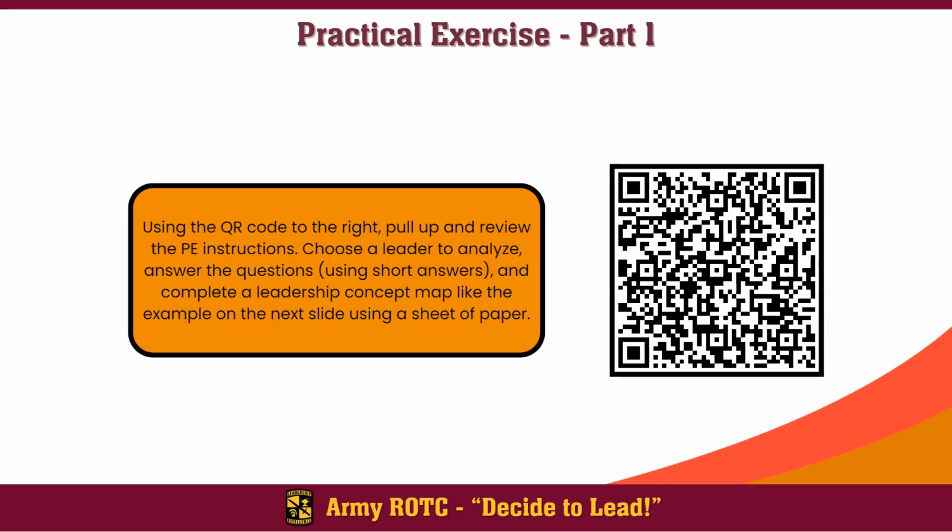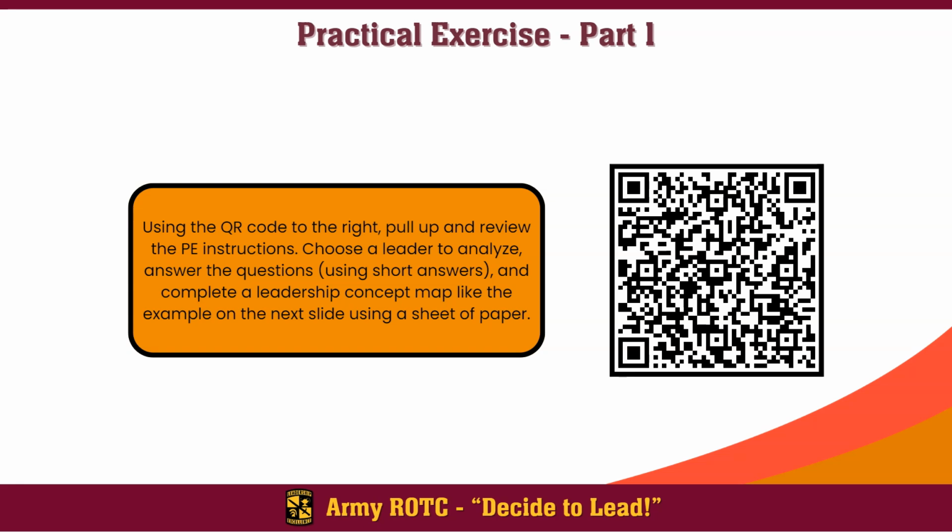So, this is where I want you to actually do this practical exercise. If you scan that little QR code there, it's going to pull up some instructions for this. What I want you to do is just choose a leader to analyze. Any type of leader that you can do a little bit of research on, and you're going to answer some questions just using short answers. Then you're going to complete what we call a leadership concept map.